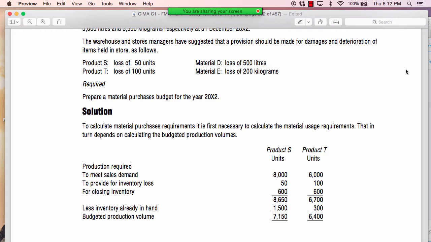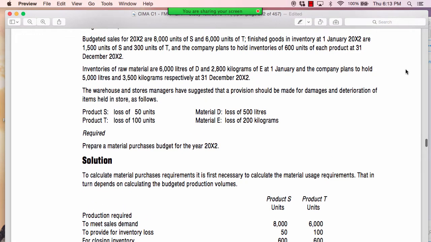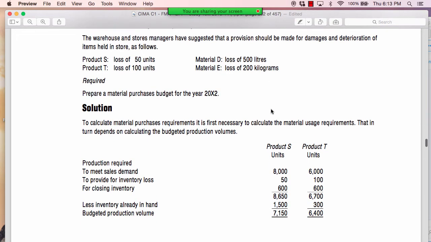And you take out the closing inventory which they have given here, right? Can you see? They hold closing inventory 600, right? For each of the products. So you take this out. Then you get the number of products you need to produce.